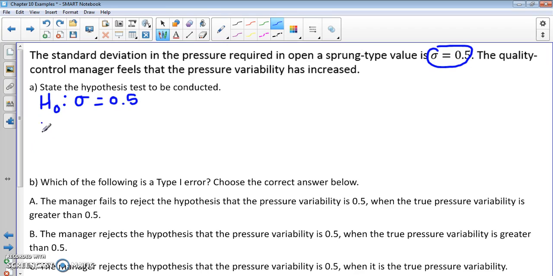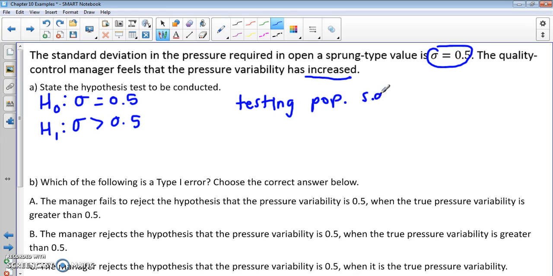And our alternative, H sub 1, colon, sigma, and it says that he feels that it has increased, so it's greater than 0.5. So here we're testing the population standard deviation, and we're working with a right-tailed test.